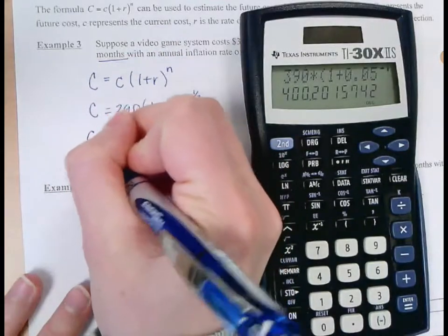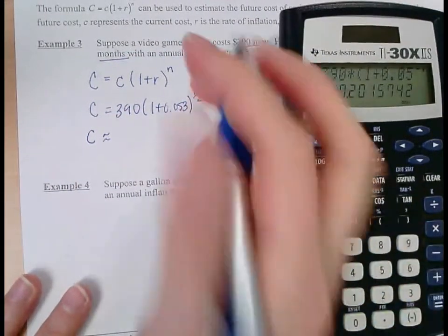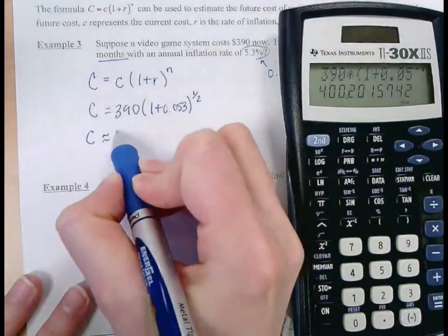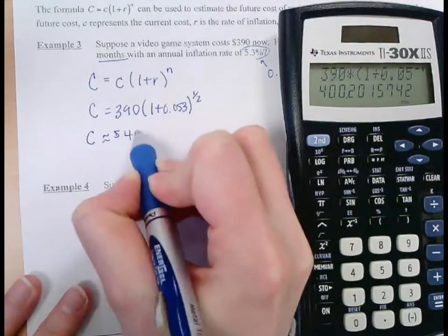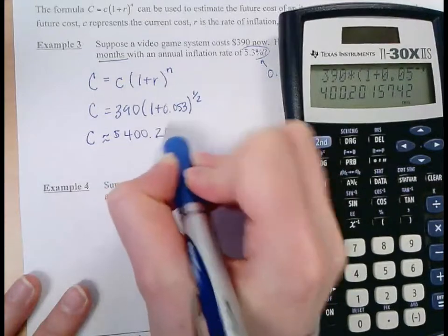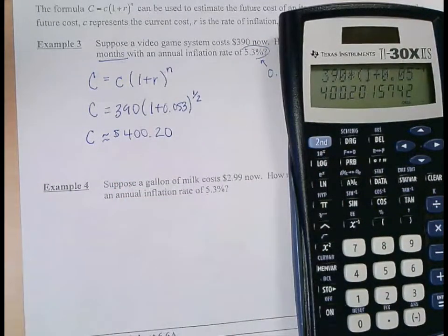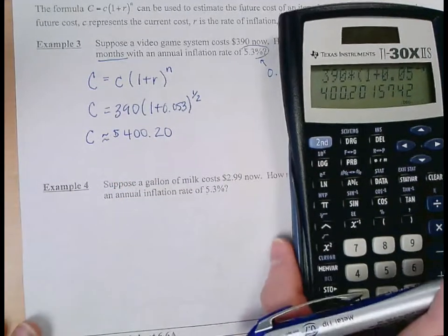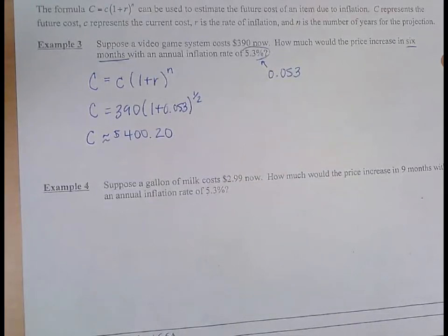We're dealing with money, so it makes sense to round to the nearest cent. So the future cost is $400.20. But then it doesn't ask for the future cost. If you go back to the problem, it says, how much would the price increase?